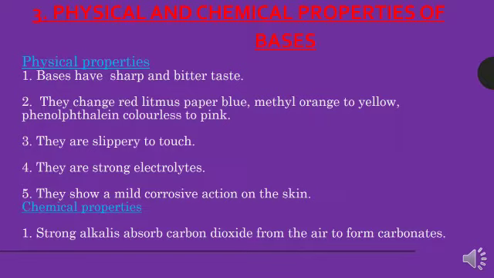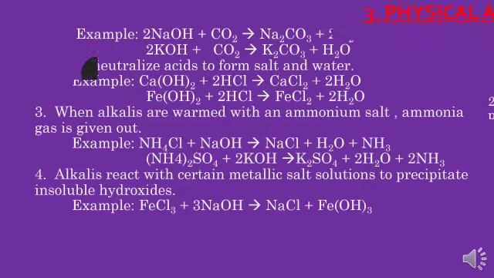Now come to chemical properties of bases. Strong alkalis absorb carbon dioxide from the air to form carbonates. For example, sodium hydroxide with carbon dioxide produces sodium carbonate and water.